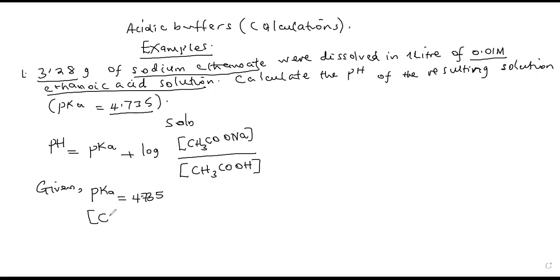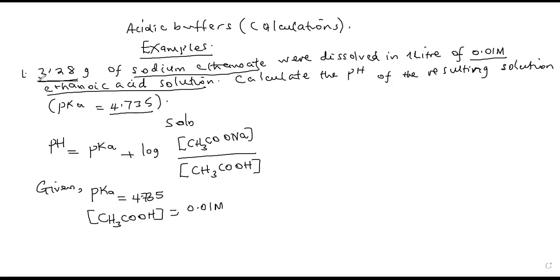We are also given the concentration of ethanoic acid, where the square brackets represent concentration, and it is 0.01 molar. We are also given sodium ethanoate, but in grams.